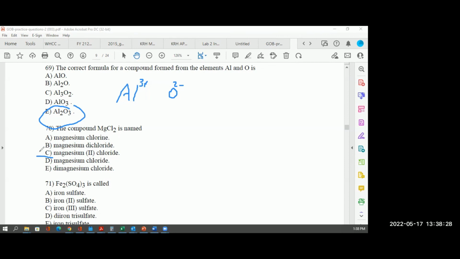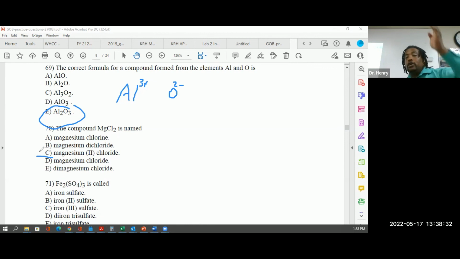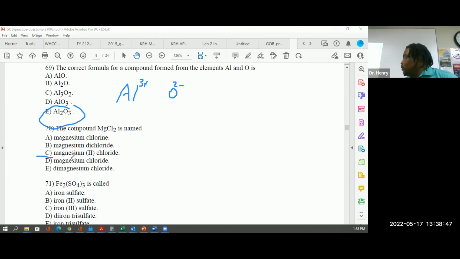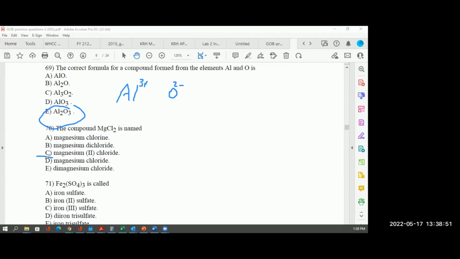No. So for group 1 and group 2, we never use the Roman numeral, because group 1 metals are always going to be what charge? +1. Group 2 metals are always going to be what charge? +2. So we don't have to put the Roman numeral 2 there. So D is the correct answer.